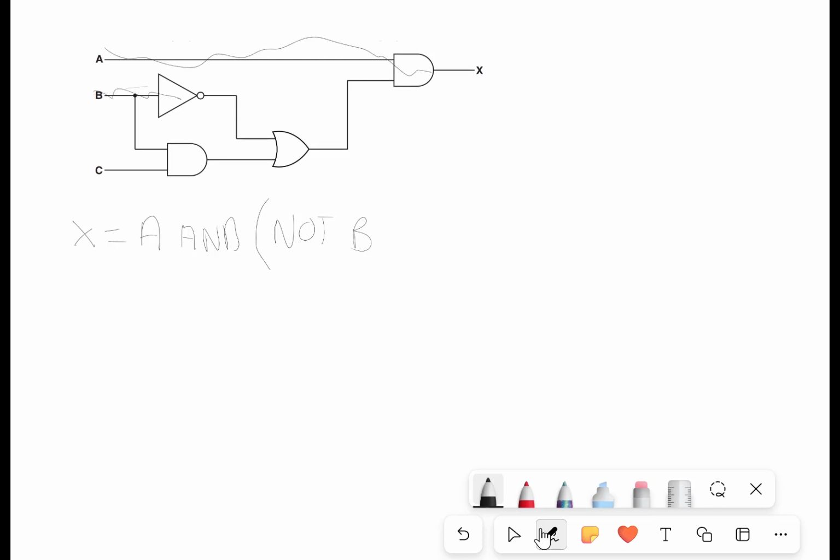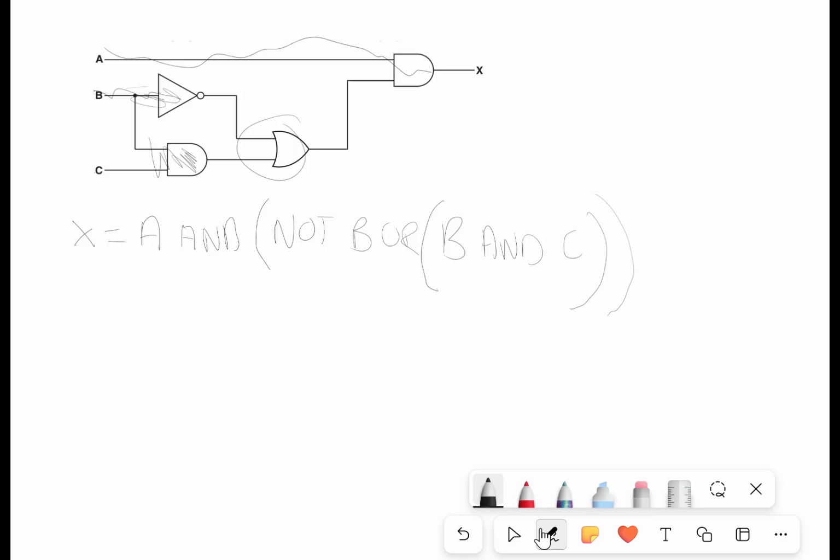We've also got B connected to C, so I'm going to say what we've got is a little gap, and I'm going to say B. I'll put it in brackets because we've got B and C together, and C. B and C are connected to NOT B by this OR gate, so I'm going to put OR here.